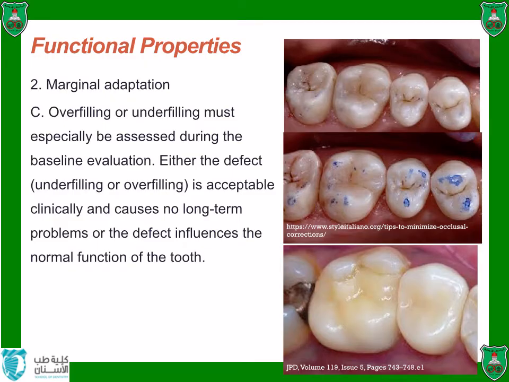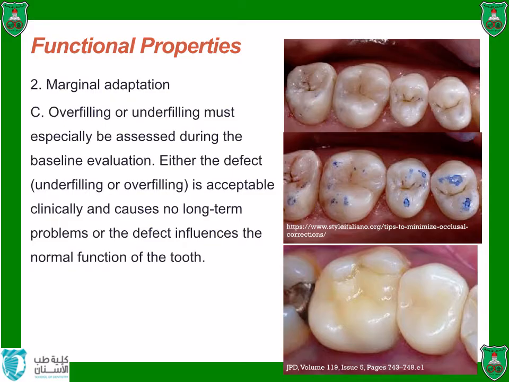Now, in case of composite, if you have underfilling, you can refill it. And if you have overfilling, you can trim it with finishing and polishing burs. However, for amalgam, it's sometimes difficult to do that. A very small underfill in the amalgam is acceptable clinically and can cause no long-term problem.